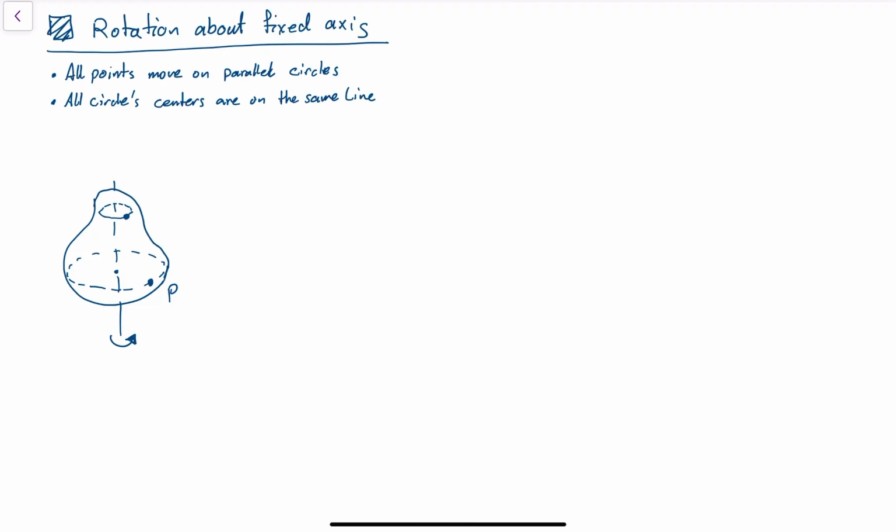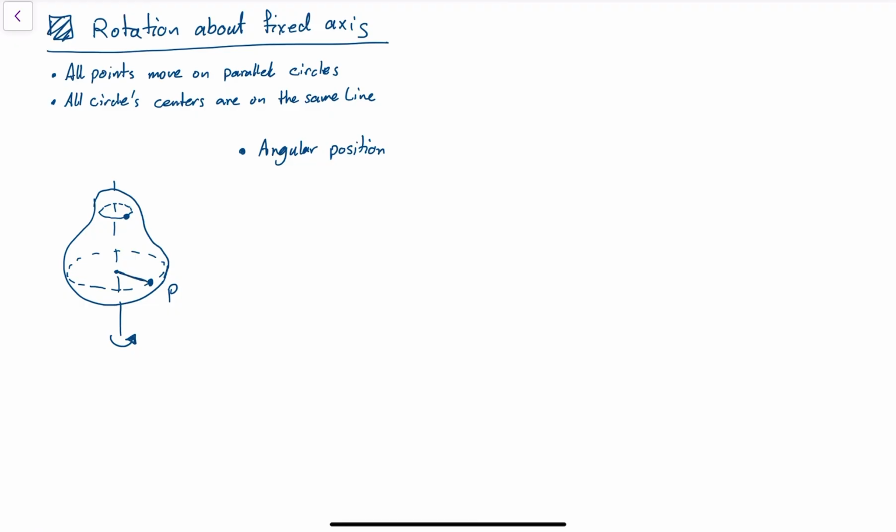So let's do that. The first thing we need to define is position, or let's call it angular position, or simply angle. To define angle, we need to consider a line on a body.